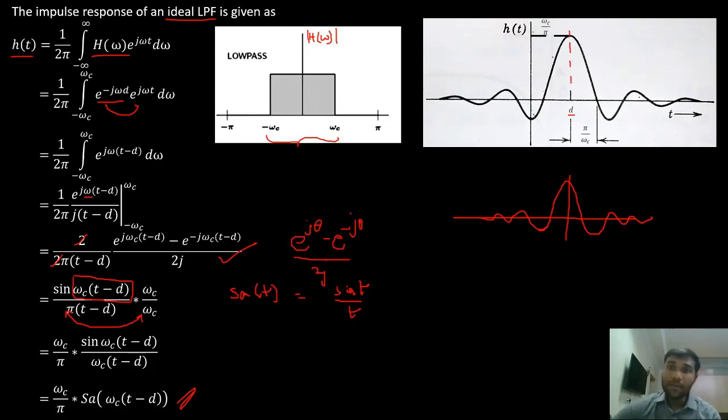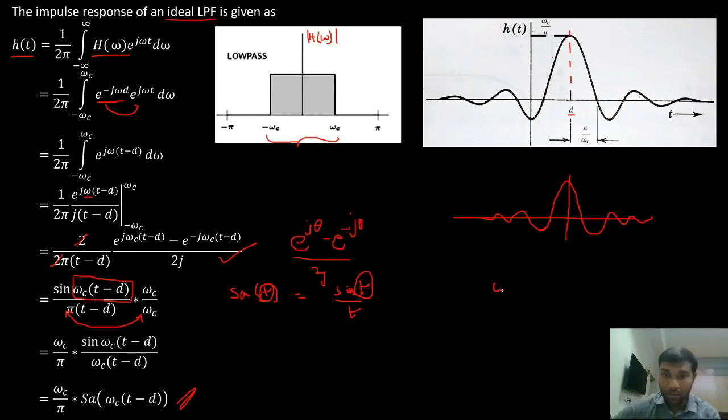Then we have to see where the zero crossing occurs for this sampling function. Now sampling of t, when is it 0? When my t is equal to plus or minus n pi. So what is there in place of t here?